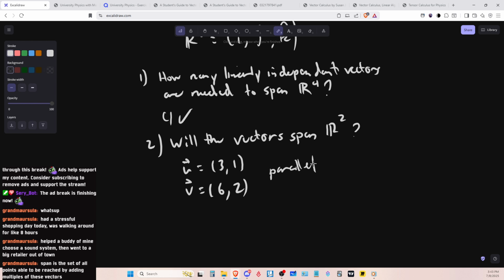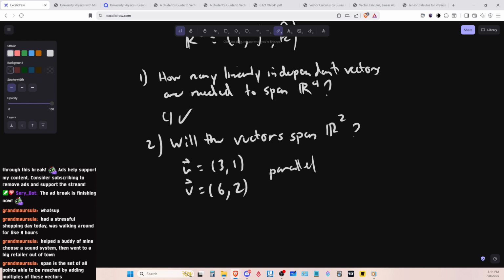Span is the set of all points able to reach by adding multiples of these vectors. So we know that both lines are parallel, but they're not on the same line, though. So I don't think both vectors will span in this case.